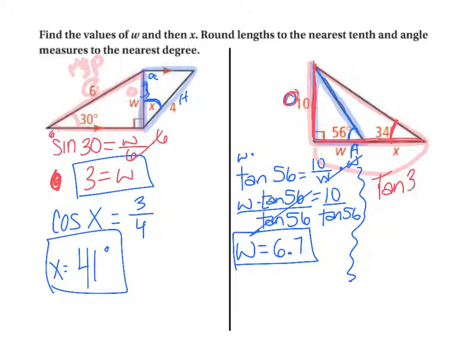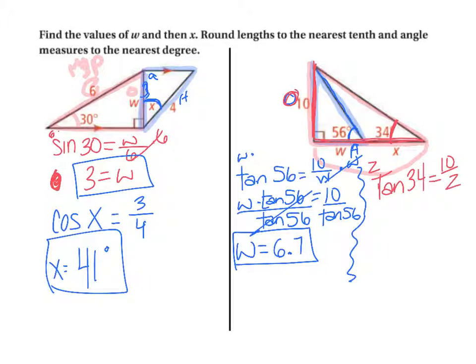Tangent of 34 equals 10 over. Now here's the problem. It's not X and it's not W. It's really W plus X. So I'm just going to call that whole thing Z for right now. Can I do that?